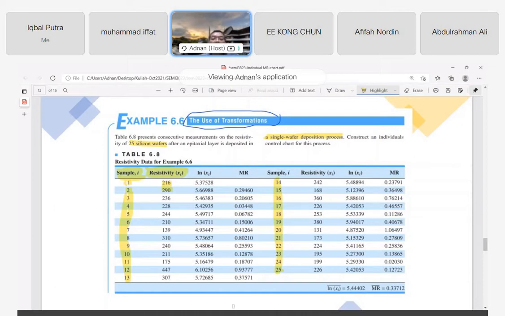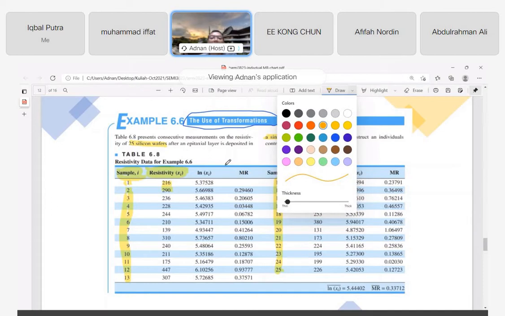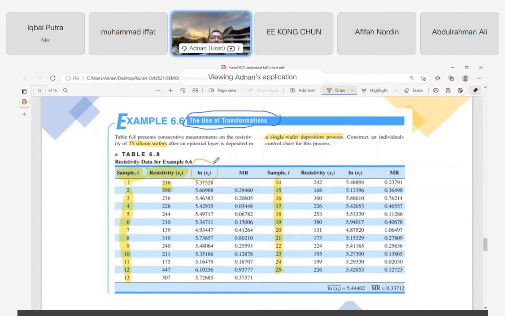So it's measured, and then you see in this column we have ln, the natural log of x of this value, and MR. MR is the difference between R2 and R1.